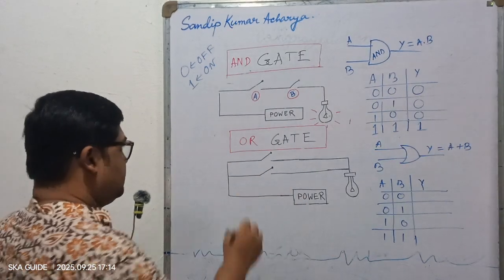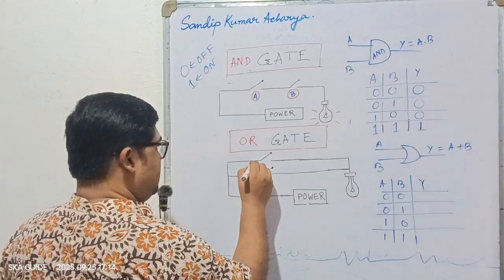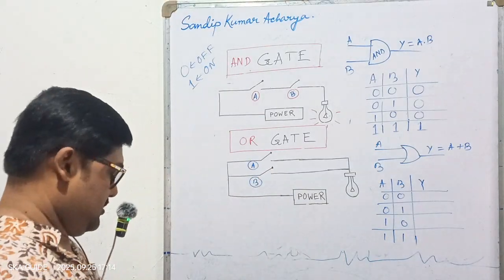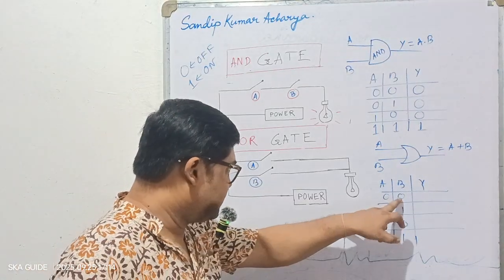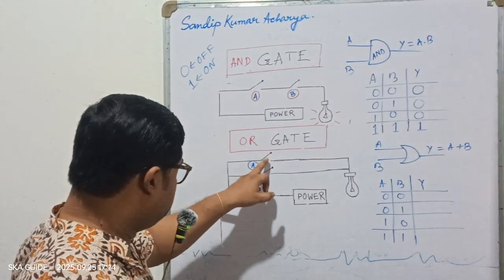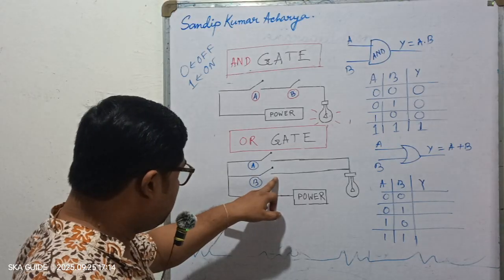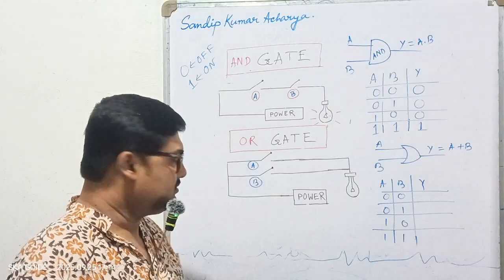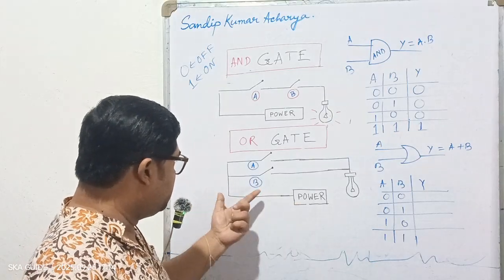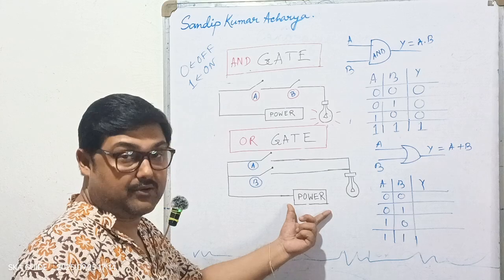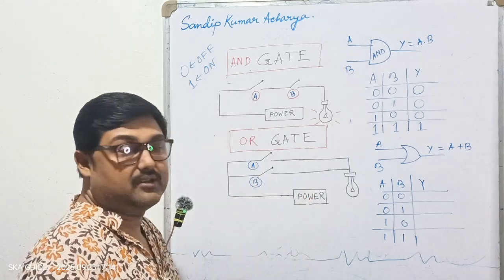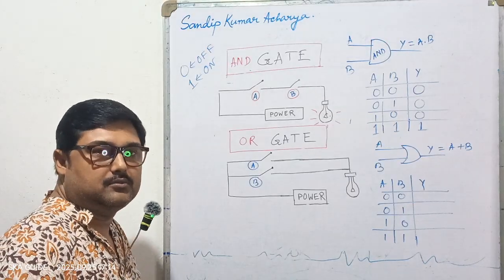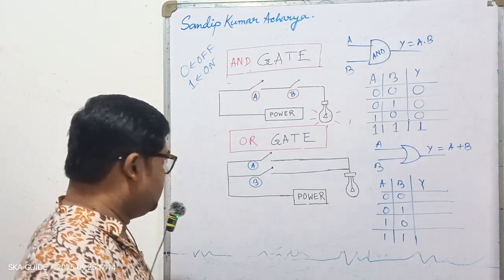Here also, this is the A switch, this is the B switch. Take the value of 0 0, so no switch is in on state, so the circuit is not closed anyway, so the power supply cannot flow to the bulb, right? So the bulb is not giving light.